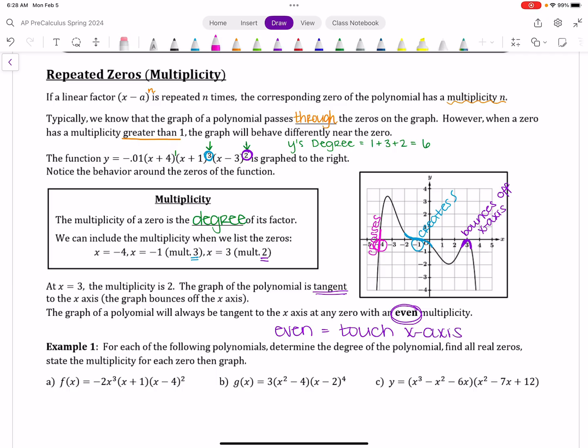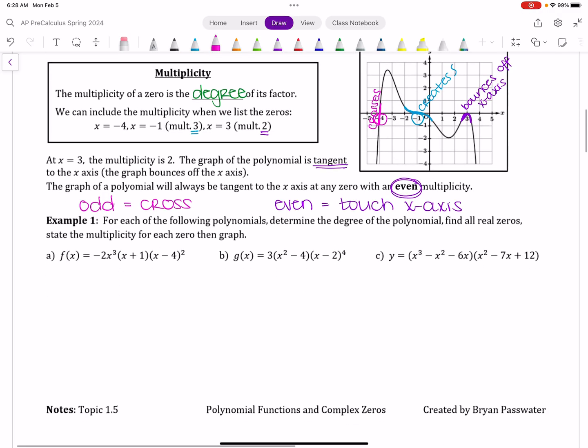And when your multiplicity is odd, you will always cross the x-axis. So we have a couple of examples below, and for each one, we're going to determine the degree, find all the zeros, state their multiplicity, and then sketch a general graph.